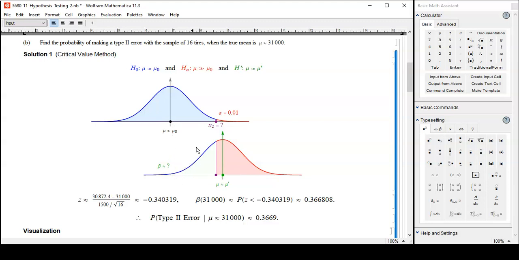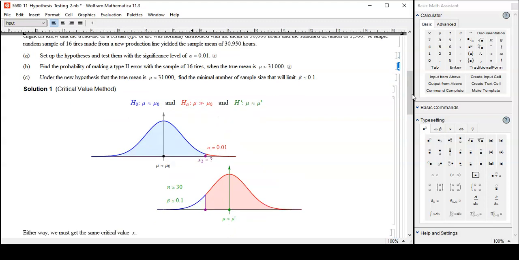But this probability was much bigger. That means data were more spread out. So bigger standard error, which means smaller sample size, I guess. So the sample size will be bigger than 16. Actually, the answer is already there. We want 30. I don't like giving away the answer that quickly, but anyway, this is the situation.